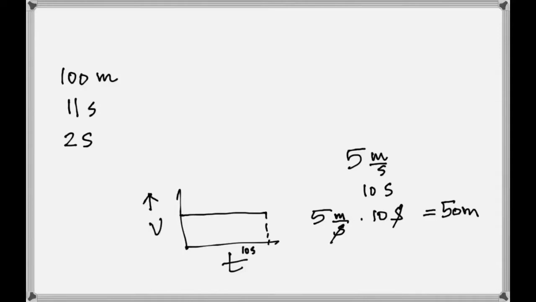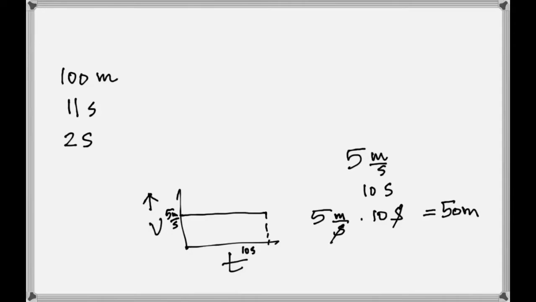What is the area of that graph? 50 meters. The area of a velocity time graph always gives you the displacement. Write that down.